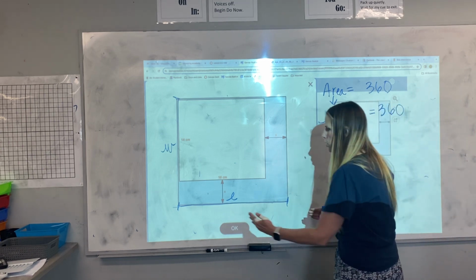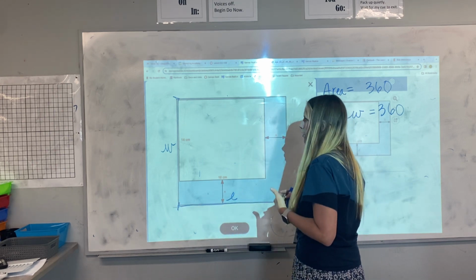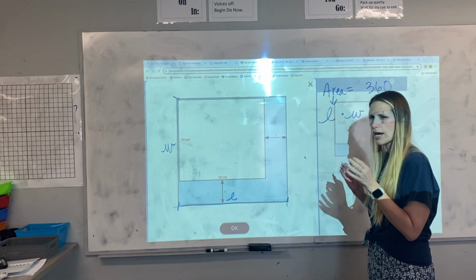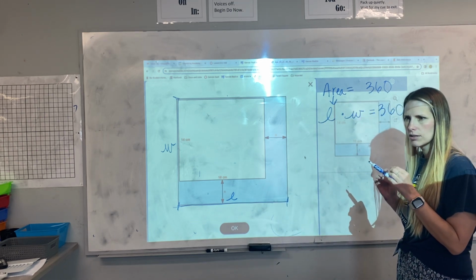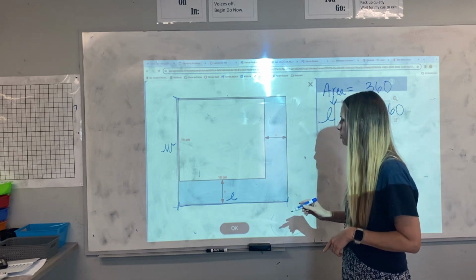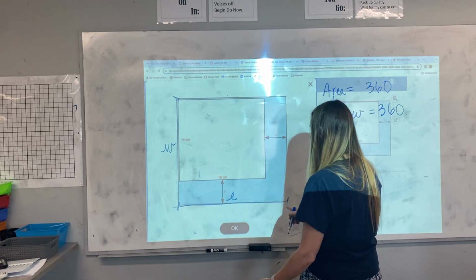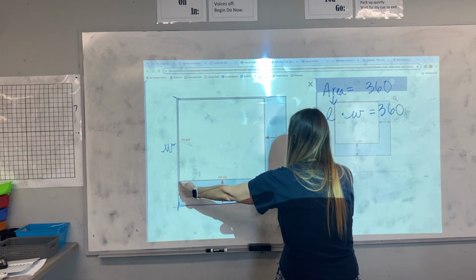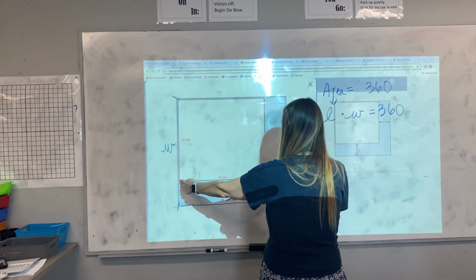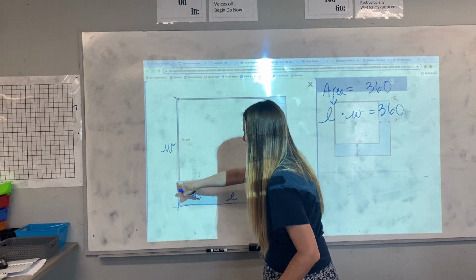So we're looking for the length, the distance from here to here. Is there other information in this picture that we can put together like puzzle pieces? 16 plus x. Yes, very good. 16 plus x, because you can see that this length consists of this and the rest, which it gives us the 16, which is super annoying because that's confusing, right?